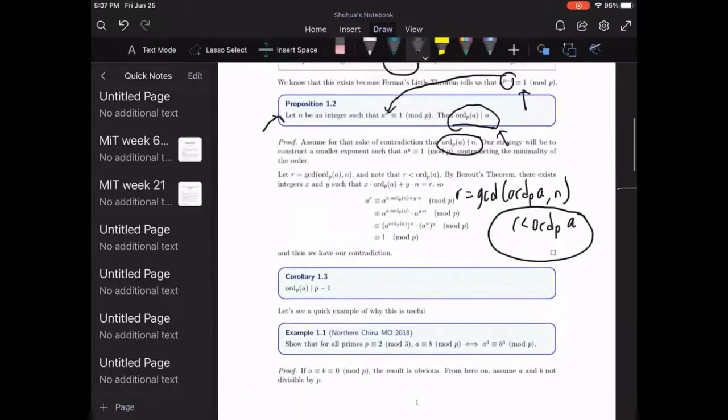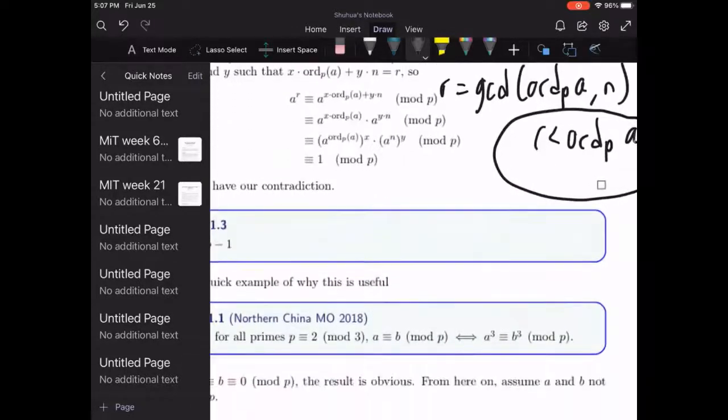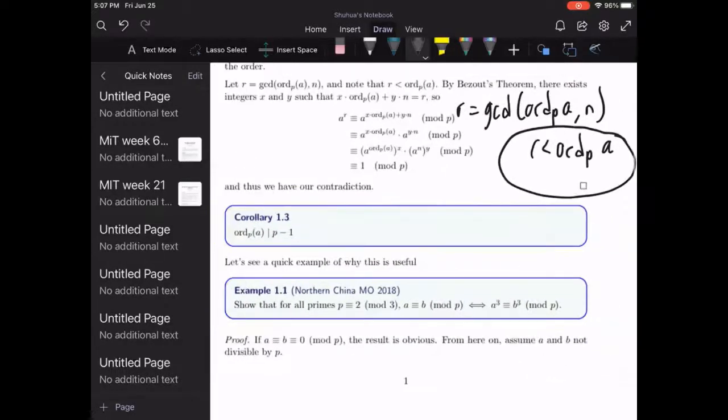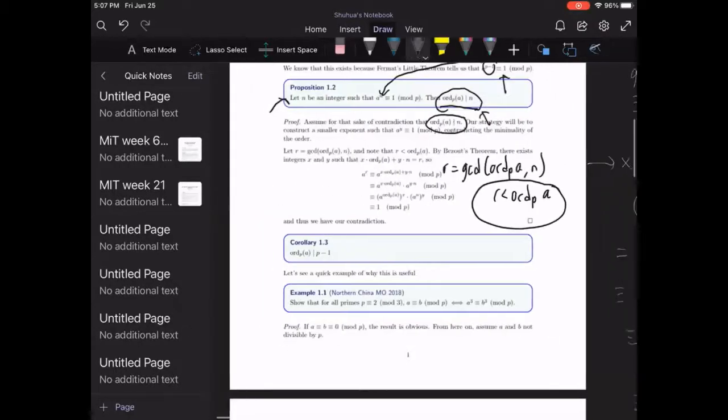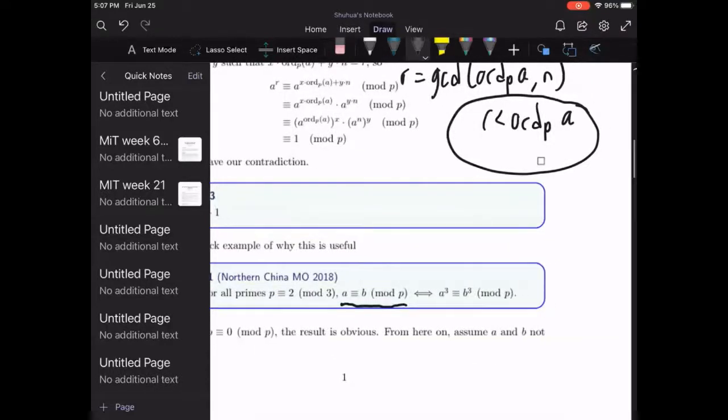Let's see a quick example of why this is useful. Example 1.1: show that for all primes p congruent to 2 mod 3, a is congruent to b mod p if and only if a cubed is congruent to b cubed mod p. One direction is obvious: if a is congruent to b mod p, then a cubed is congruent to b cubed mod p.